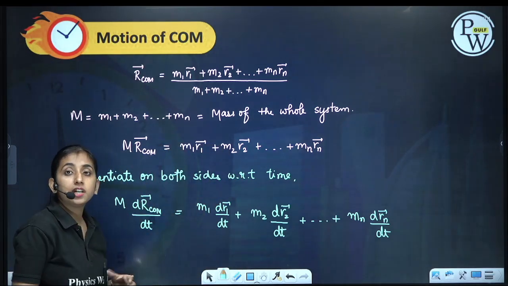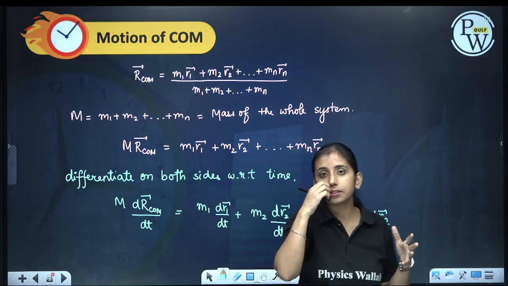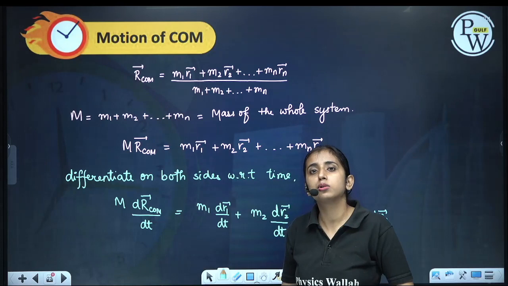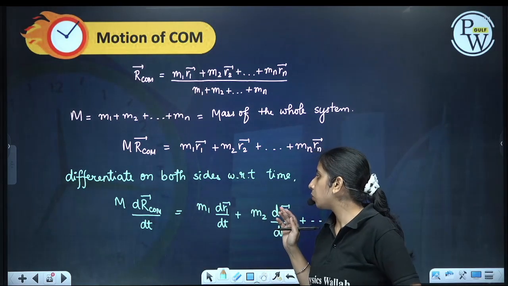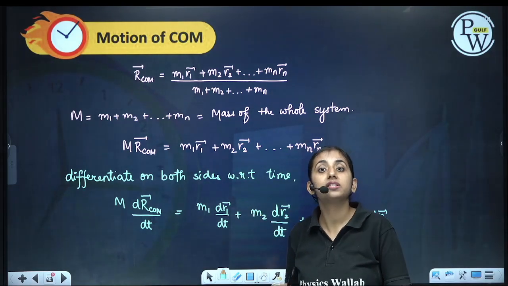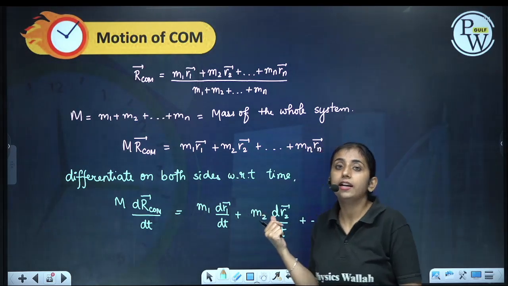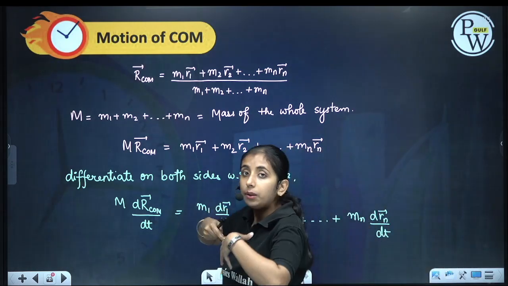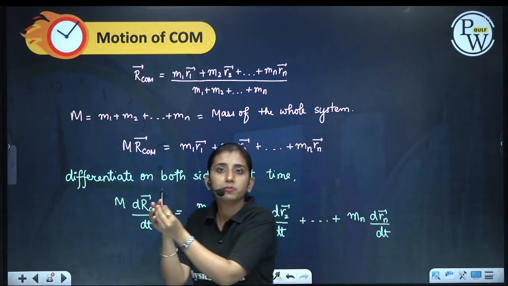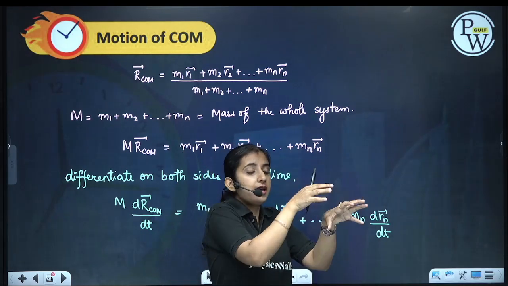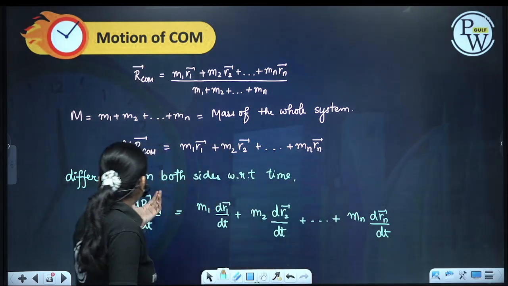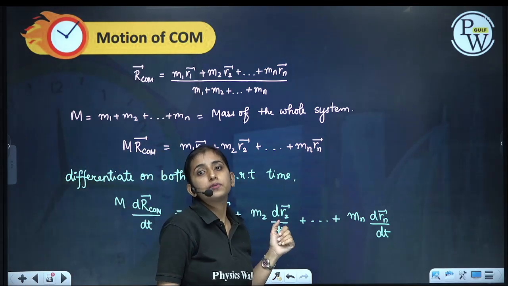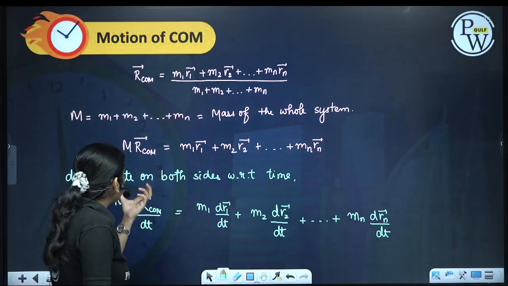Now, if we have a system of particles and all particles are moving with some velocities v1, v2, up till so on vn, then dr1 by dt represents velocity of the first particle, dr2 by dt represents velocity of the second particle. Similarly, if all the particles are moving, center of mass will also move with the body. It will not stay in one place. So drcom by dt gives the rate of change of position vector of center of mass.